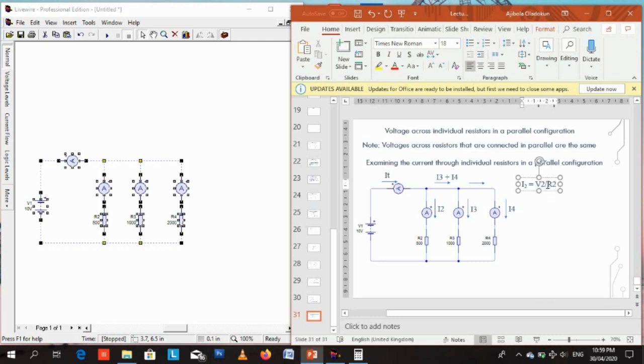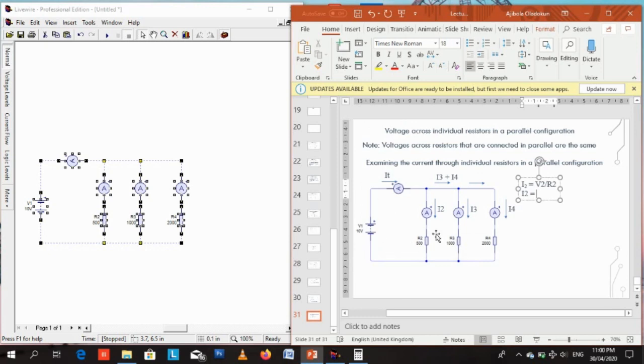If you make I the subject of the formula, I equals V over R. So starting from I2, I2 will be V2 over R2, where V2 is the voltage across R2 and R2 is the resistance of that resistor.